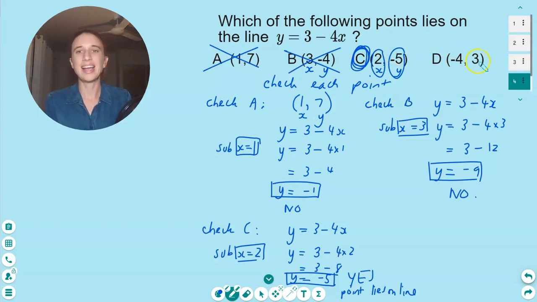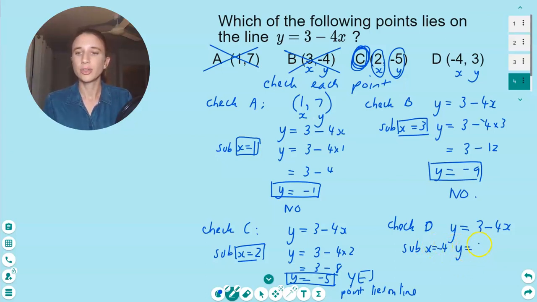And just in case they wanted you to select another point that lay on the line, let's double check. We've got time. Let's double check D doesn't lie on the line. And then we'll be confident that we are right. So we've got Y equals 3, take 4x. And we're going to sub in our X value and hopefully not actually, because we've already selected an answer, churn out 3. So sub X equals -4.